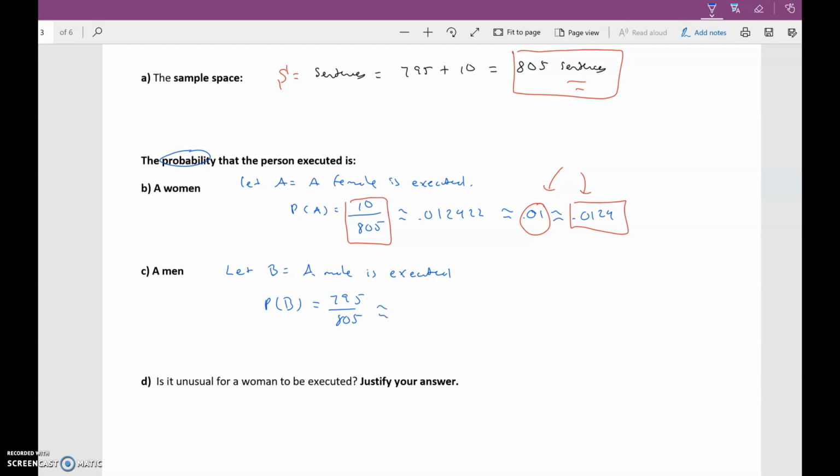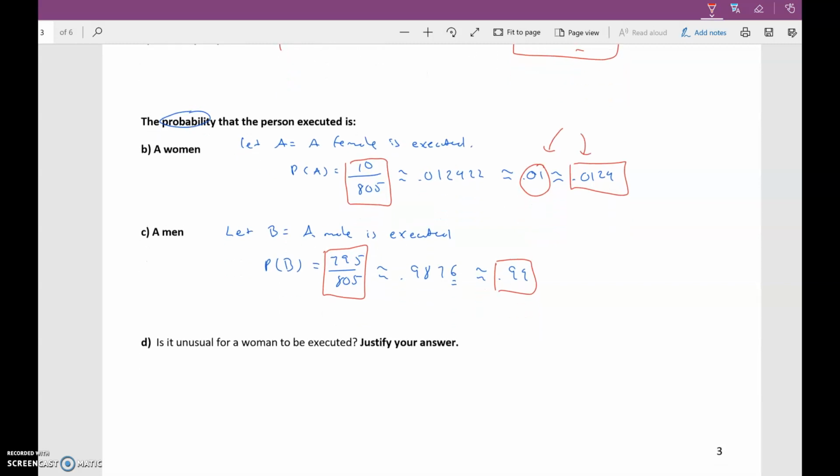I'm getting that this is approximately 0.9876, rounding to 4 decimal places, or approximately 0.99. Once again, the actual fraction, and then either of these two. I'll keep it as 0.99 on the final answer, but any of those will be fine.